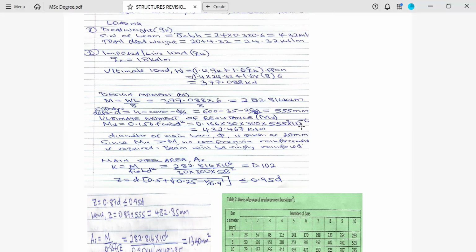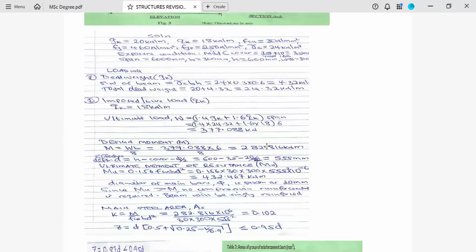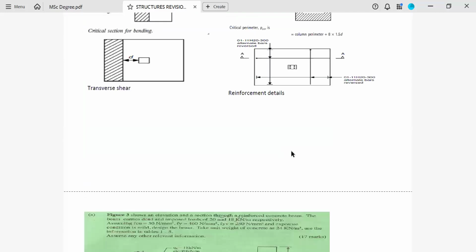But if I compute what is in the bracket here and find it is 0.98, then that's not acceptable. I will rule it out and say my Z is 0.95 d. So wherever the value in the bracket exceeds 0.95, then you rule that your Z is equivalent to 0.95 d. So in this case, our value in the bracket is 0.87.